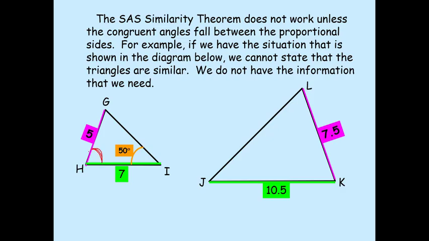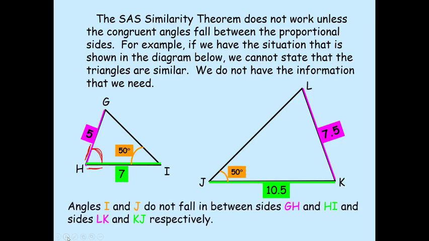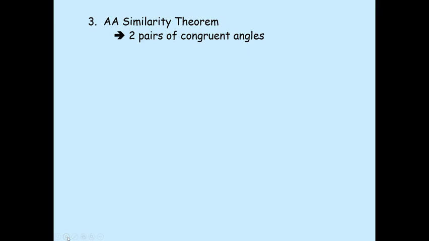This angle was created by GH and HI, but our angle's out here. If the angle does not fall between the two sides, then it does not satisfy side angle side.